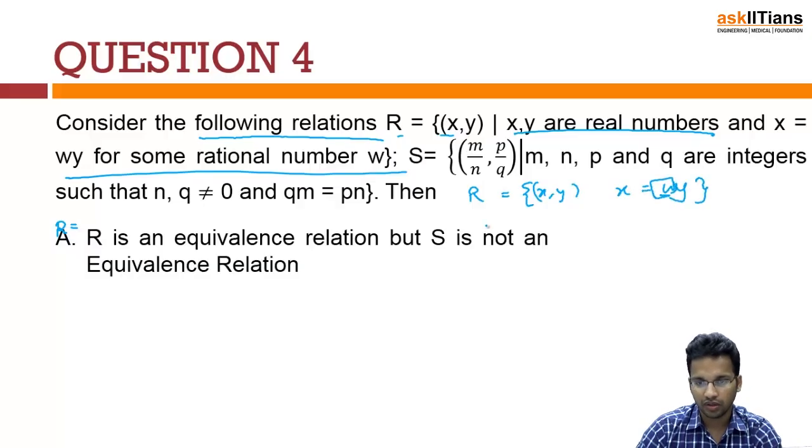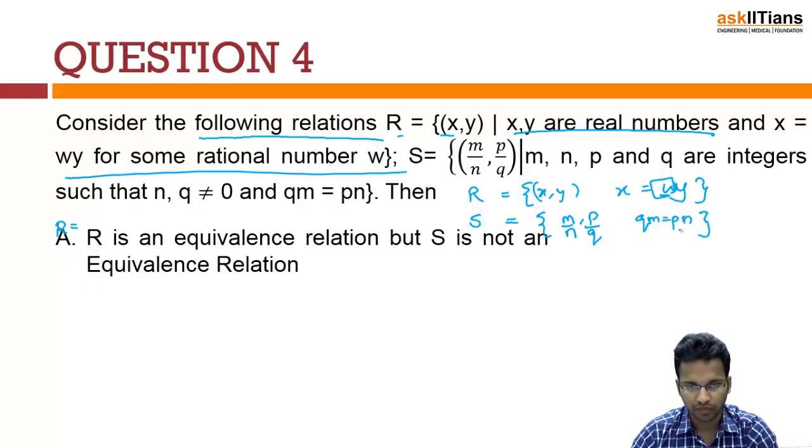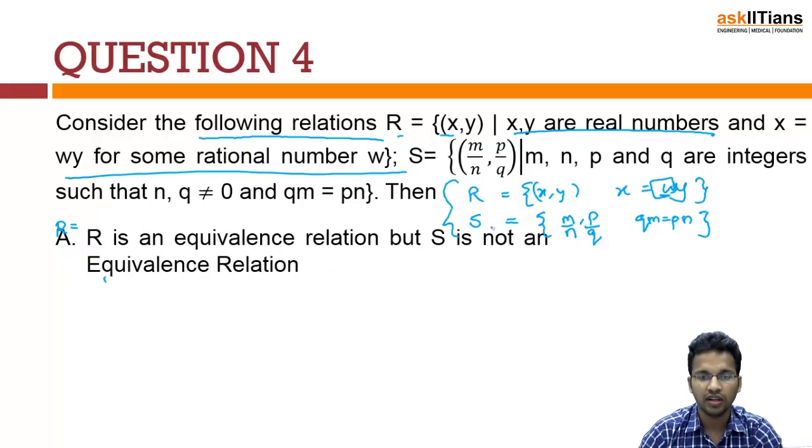Now this is an interesting question. This looks like JEE stuff. S is m by n, p by q, and what is given, these are all integers, qm is equal to pn. Again a similar question to the one we did in the second question, but this is a bit more interesting than that. It's a bit tricky.